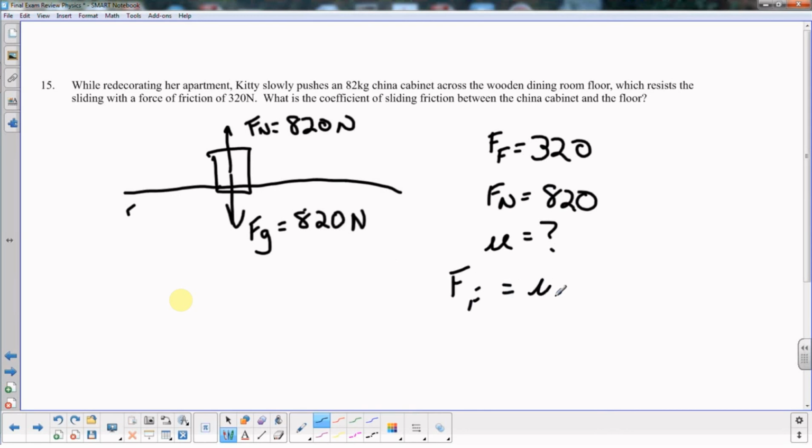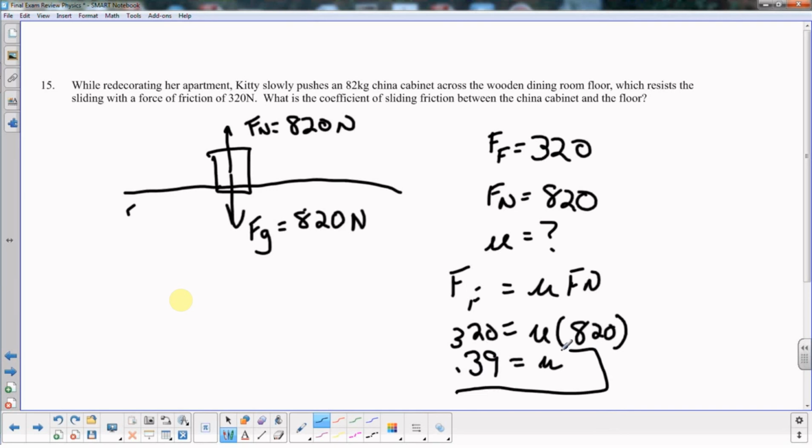And on a good day, you can plug stuff in. 320 equals mu times 820. Calculate mu. Tough algebra here. 320 divided by 820 should give you a mu of about 0.39. And there are no units on mu. Don't forget that. So I hope that helped.